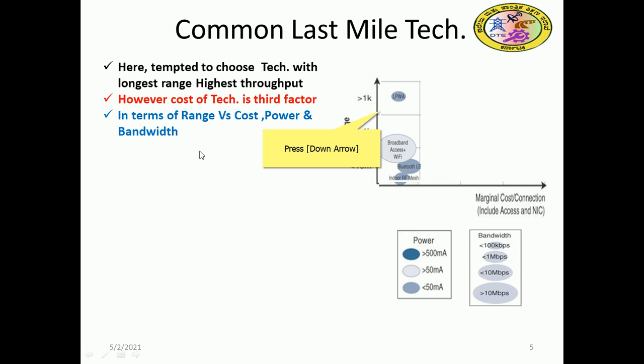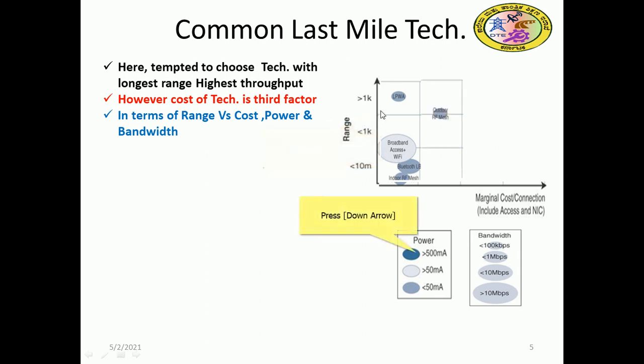So next we can have, this is somewhat more power consumption, and we can see here LPW, low power wireless network. That is more than 1 kilometer coverage, and more than 500 milliamperes power. So with more distance, more power consumption will be there for most of the technologies, right?